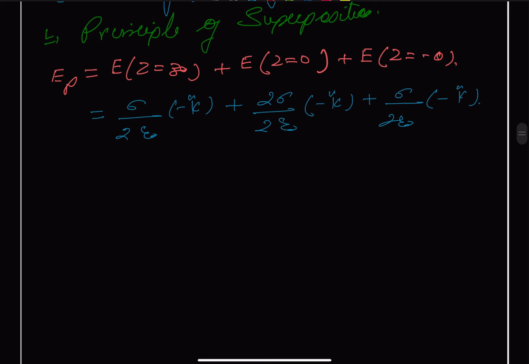And we can easily take sigma upon 2 epsilon naught minus k as common. So we get 1 plus 2 plus 1, and this comes as 4. So this will be equal to 2 sigma upon epsilon naught and minus k unit vector.